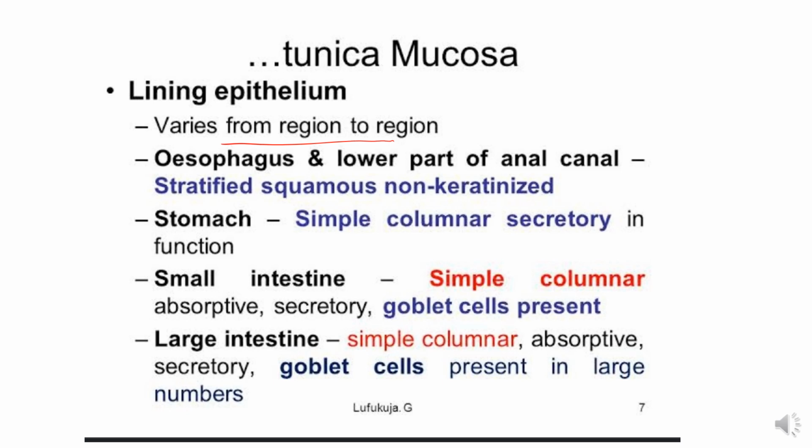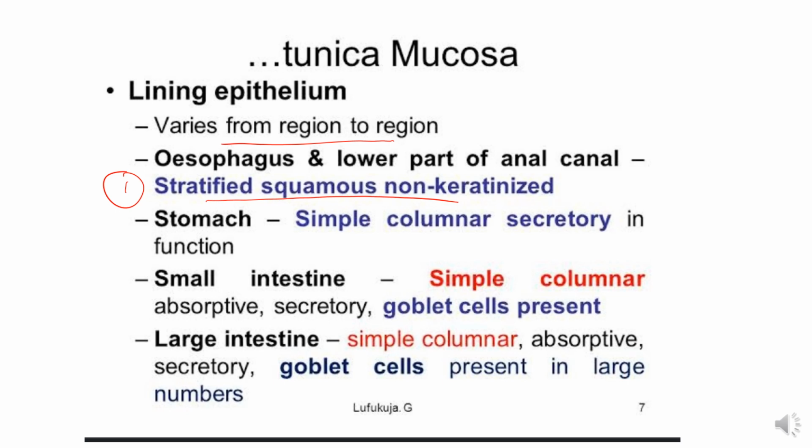We have understood it. In the oral cavity, pharynx, esophagus and lower part of the anal canal, the epithelium is stratified squamous, non-keratinized. Why? Because the food particles are still large in the oral cavity, in the pharynx and in the esophagus, and we need to protect our lining from these hard food particles, which are still large in size.